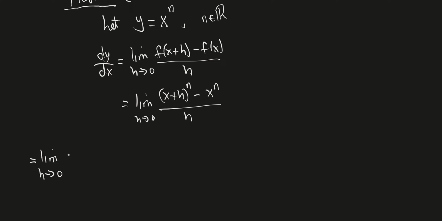And so it turns out when we expand this part, we are going to get an expression that looks like this. The first term is going to be x to the n. And then the second term is going to be n times x to the n minus 1, and then times h, right? And then the next term is going to be n times (n minus 1) over 2, times x to the n minus 2, times h squared, right?